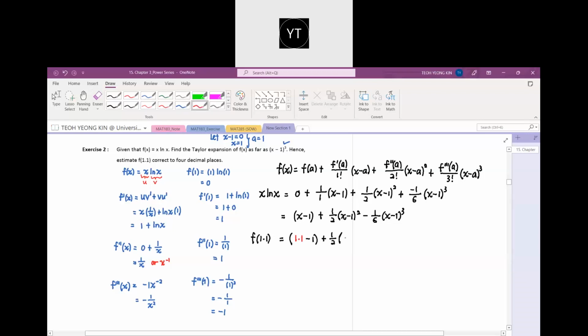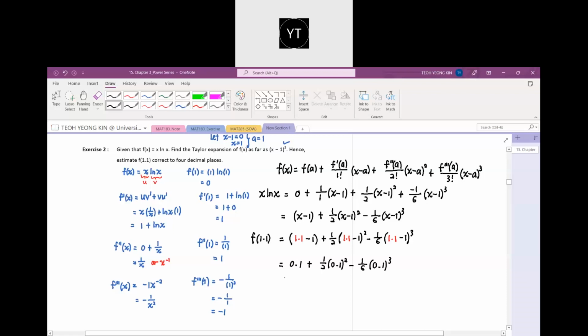Here is 1.1 minus 1 squared minus 1 over 6. So again this is 1.1 minus 1 power of 3. From this part, 1.1 minus 1 is 0.1 plus 1 over 2, 0.1 squared minus 1 over 6, 0.1 power of 3.